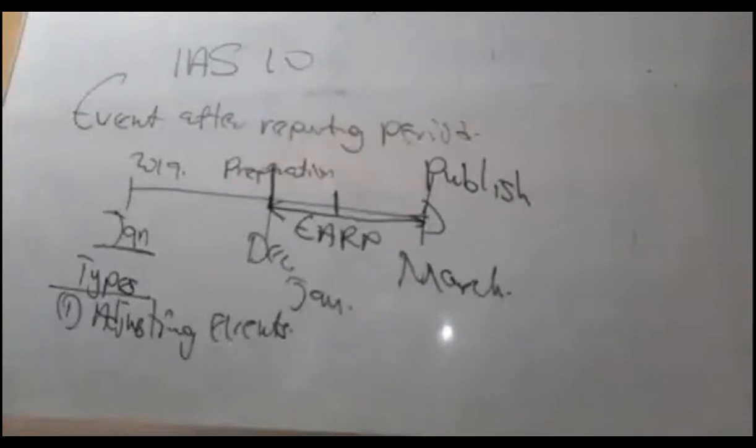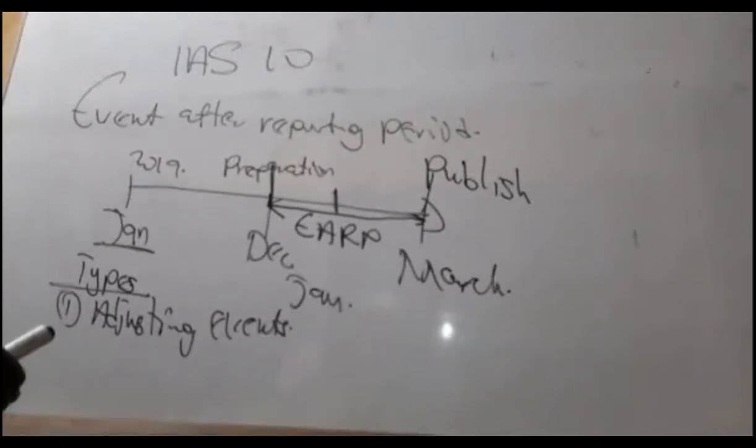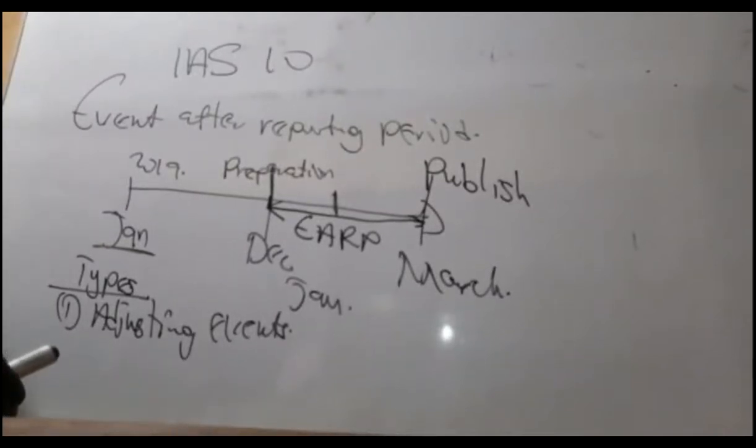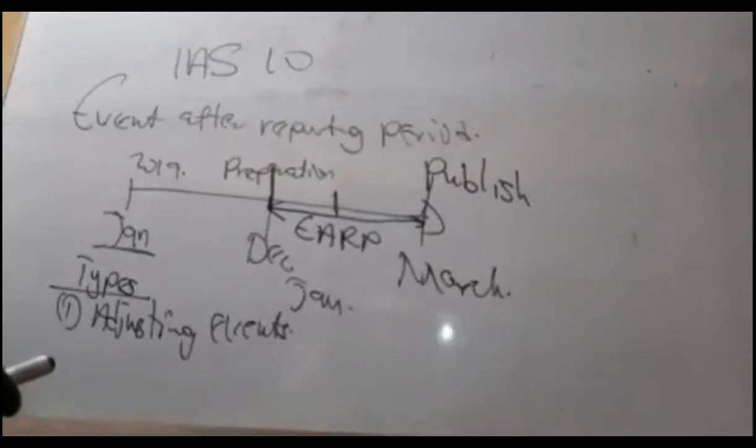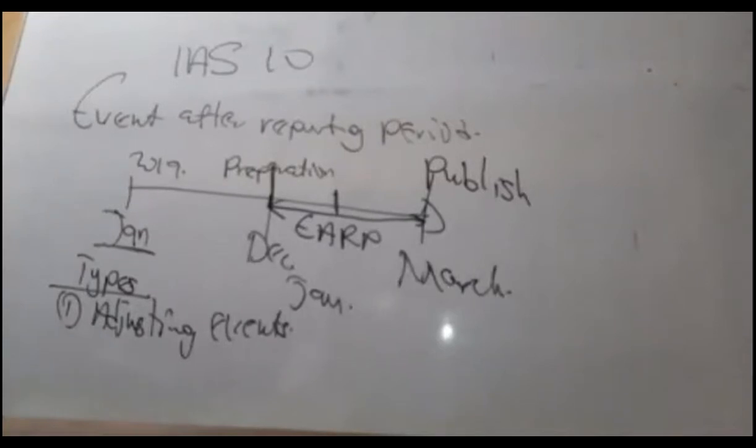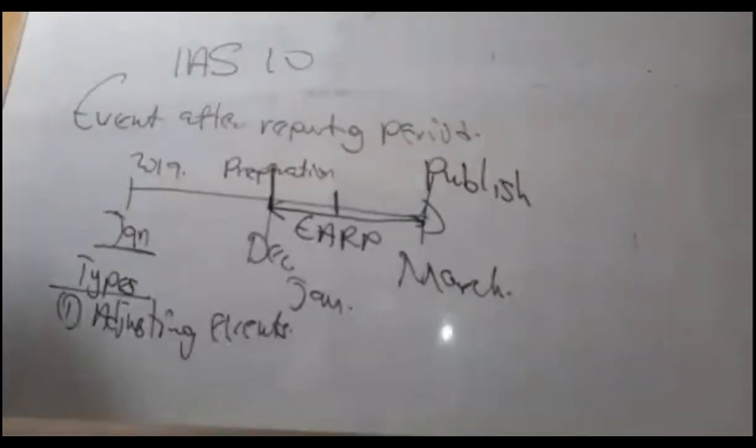They promise you that by the 20th to 31st of December the goods will arrive. So if the goods arrive on 15th January, then these goods should be classified as what?